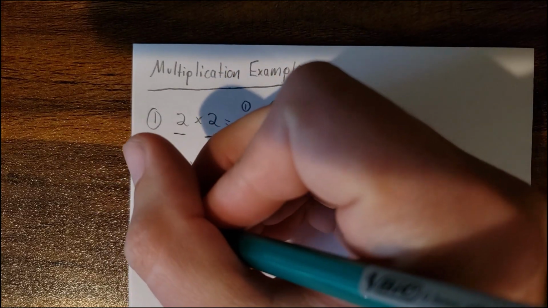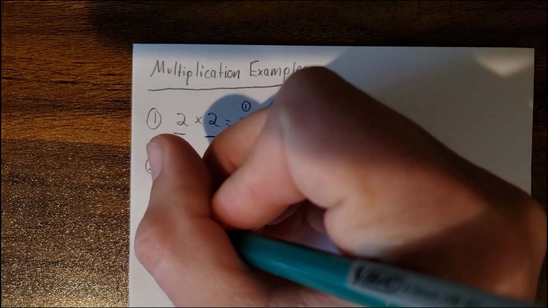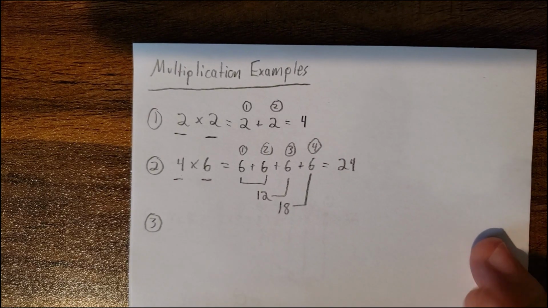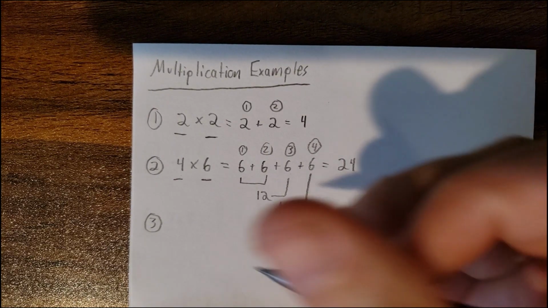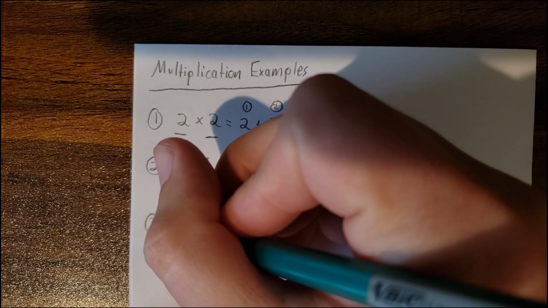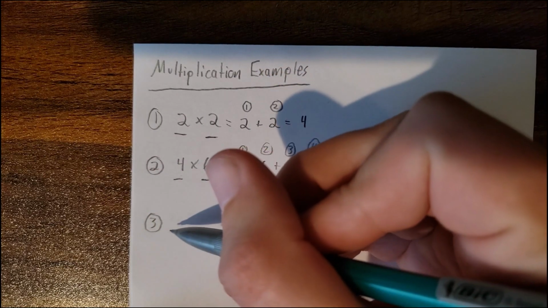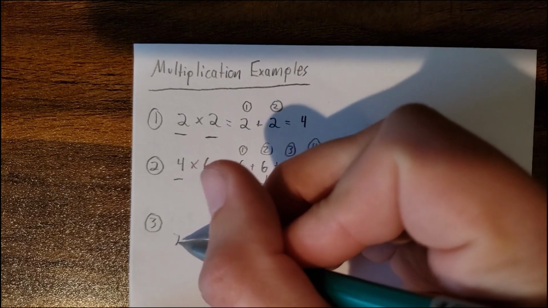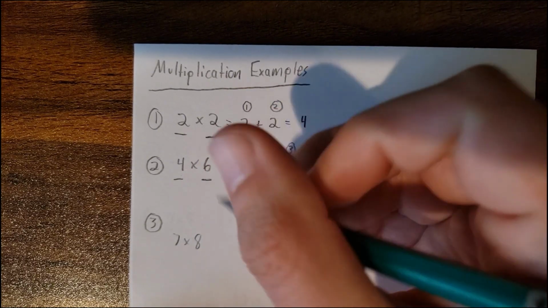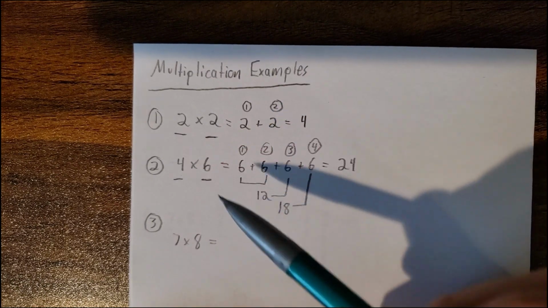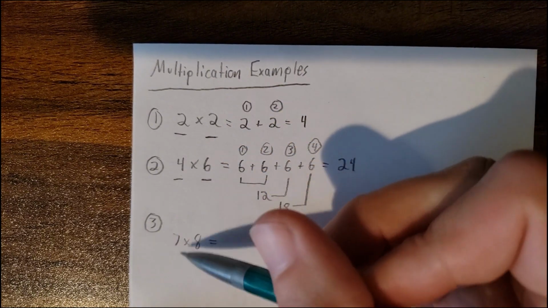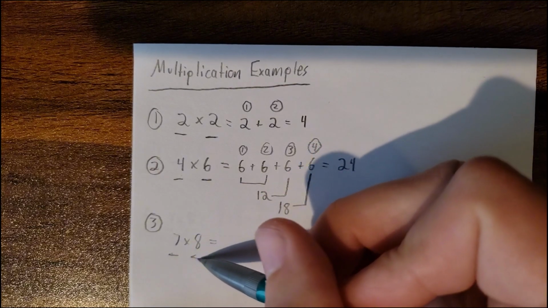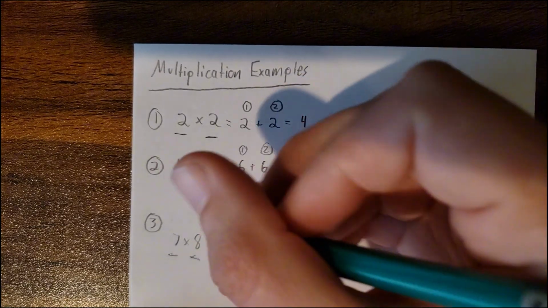Alright, let's do another one. Then we'll move on to looking at this in a different format. So for our final one of doing it sideways, we'll look at some big numbers. We'll do 7 times 8. Just like what we had up here, we're going to be looking for 7 groups of 8 added together.